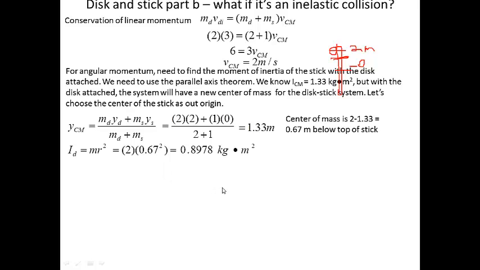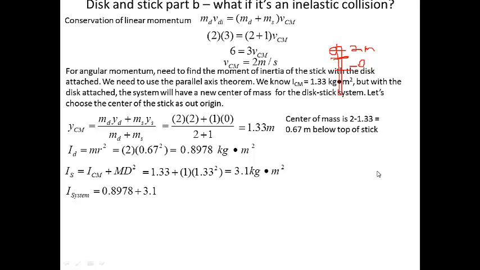So we get that. And then we need to use the parallel axis theorem for the stick. So this 1.33 is its new center of mass. So we get 3.1. And the final moment of inertia of the system will be those two numbers added together, which is equal to this.